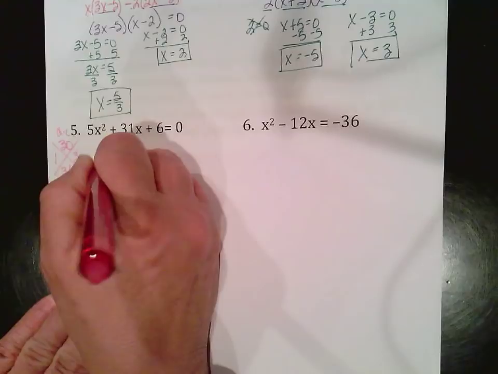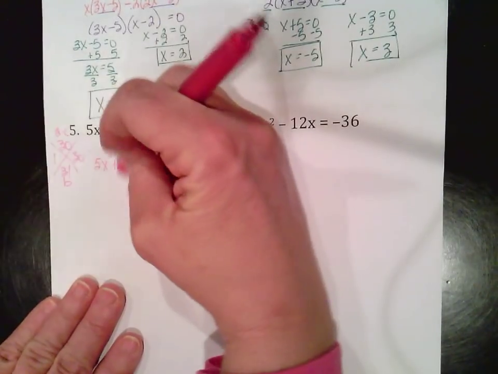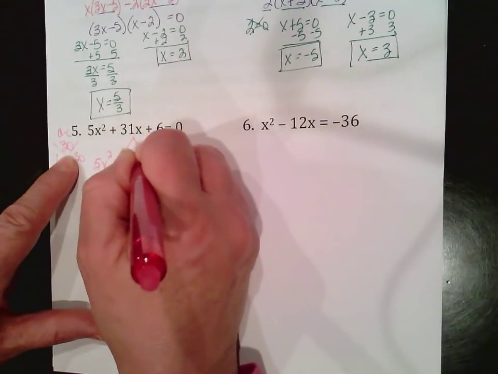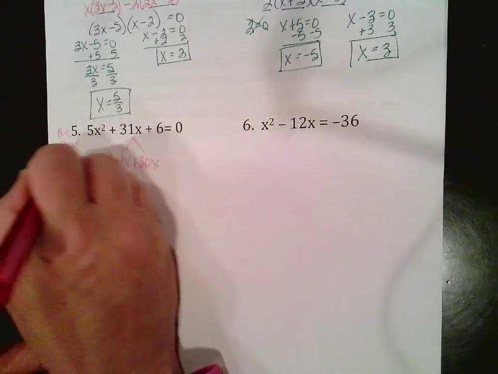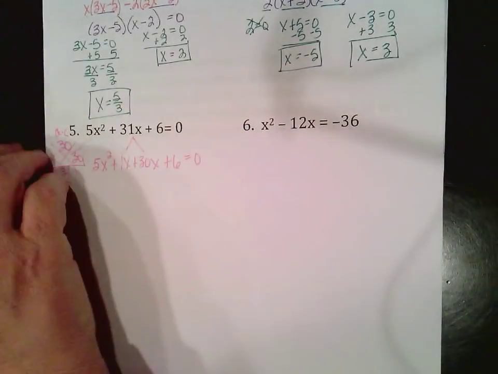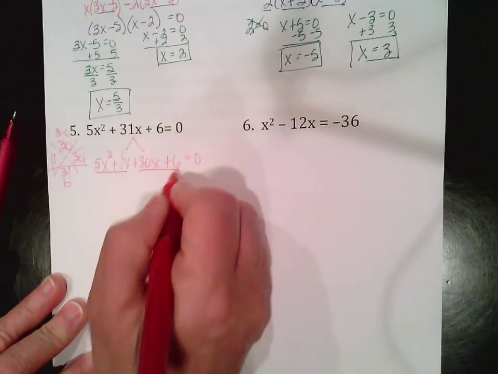So I have 5x squared plus, I'll do it in the same order just so I don't confuse it, plus 1x plus 30x, because these are my new coefficients, plus 6. I'm going to factor by grouping. I already split the middle.